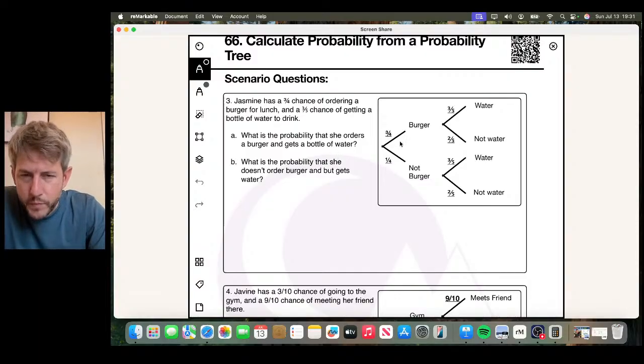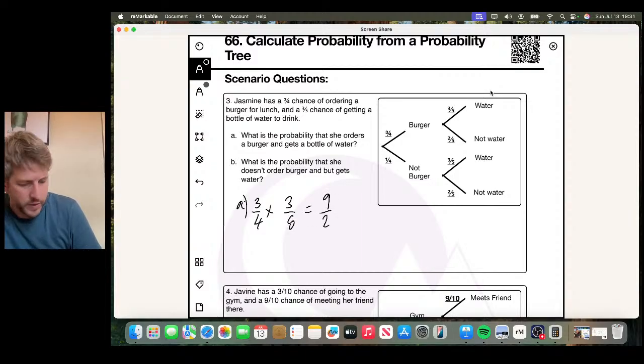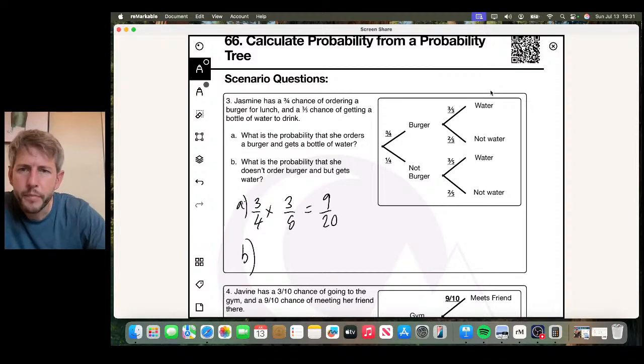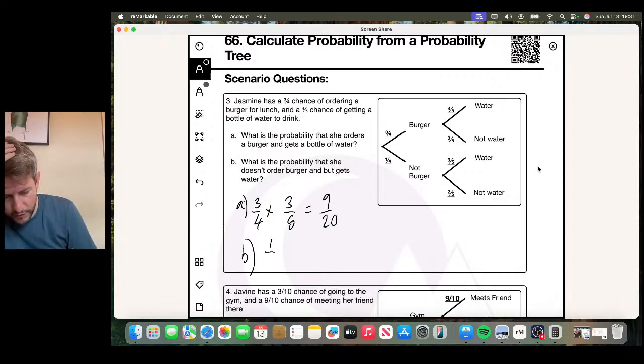Okay, so orders a burger and gets a bottle of water, so that's that top route there, so that is 3/4 times 3/5, which will be 9/20. B. What is the probability that she doesn't order a burger but gets water? Okay, so doesn't order a burger but does get water. So 1/4 and 3/5. So 1/4 times 3/5. So that'll be 3/20.